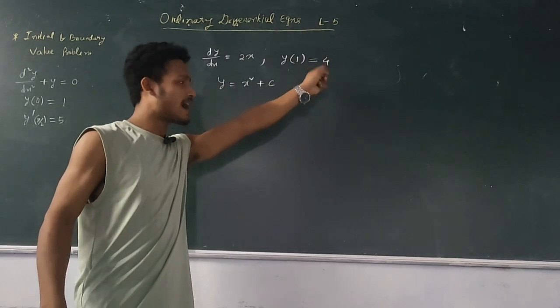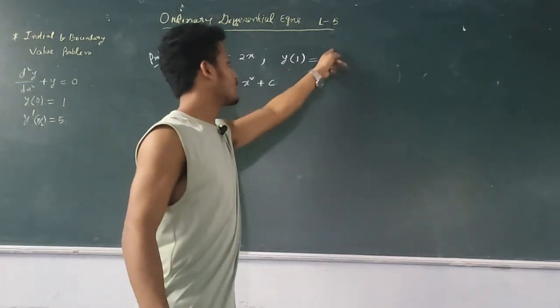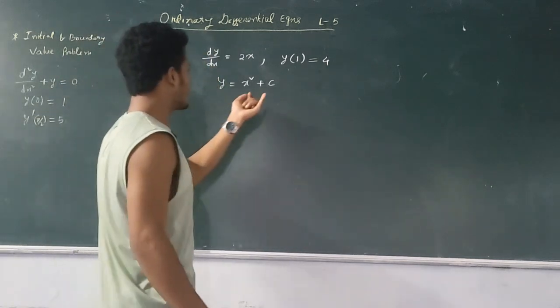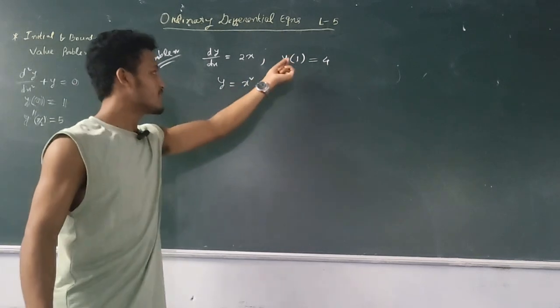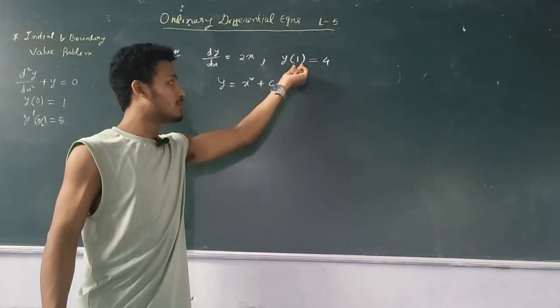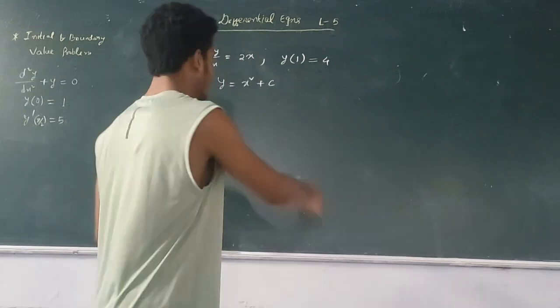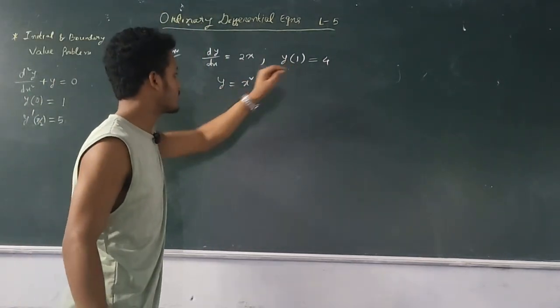You can write 5, 6, 7, 8, whatever you like, or even 100. So we need the solution such that when you put the value of x is equal to 1, you will get y is equal to 4. So this is one condition given at a point.